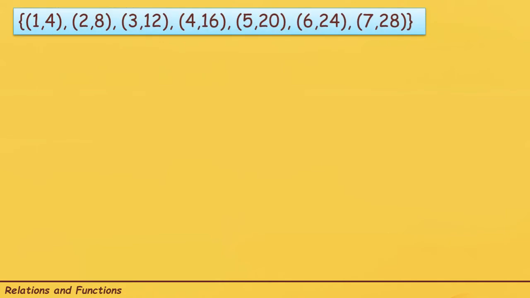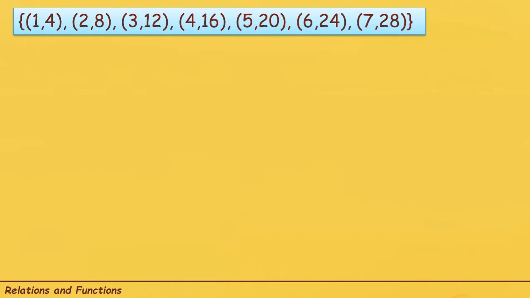Okay, so now, ito ang ating mga ordered pairs base sa ating daily waste problem. (1, 4), (2, 8), (3, 12), (4, 16), (5, 20), (6, 24), (7, 28). Ngayon naman, let us try to get the domain and range of this relation.